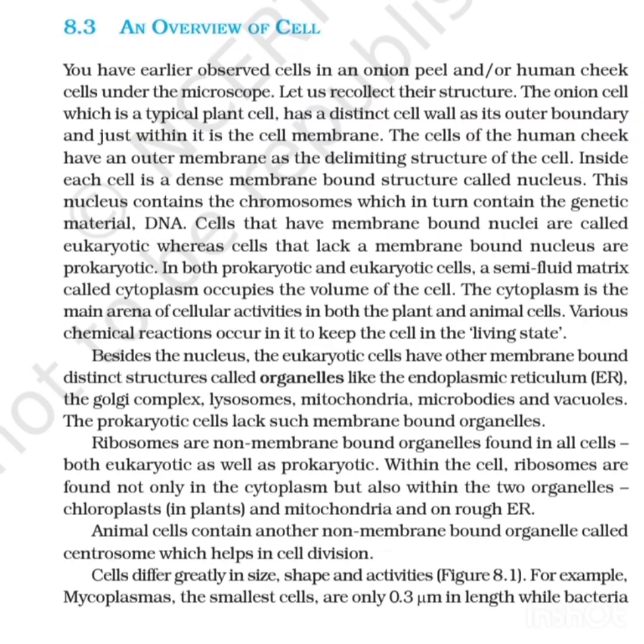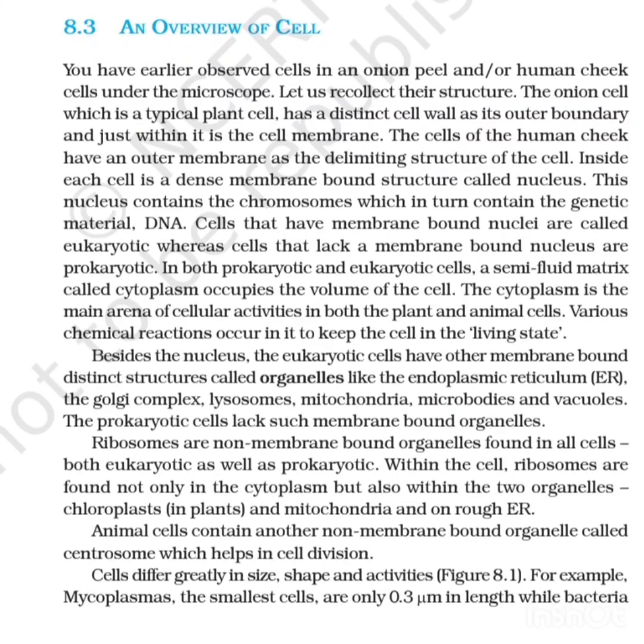Besides the nucleus, eukaryotic cells have organelles like endoplasmic reticulum, Golgi complex, lysosomes, mitochondria, microbodies, and also vacuoles, which are absent in the prokaryotic. But in both, a non-membrane-bounded organelle is present, known as the ribosomes. Ribosomes are present in the cytoplasm and also in mitochondria and rough endoplasmic reticulum. Animal cells have a non-membrane-bounded organelle known as the centrosome. Centrosome helps in cell division.